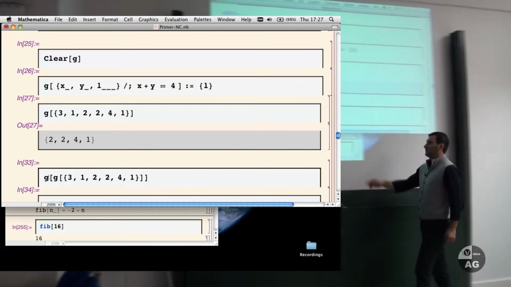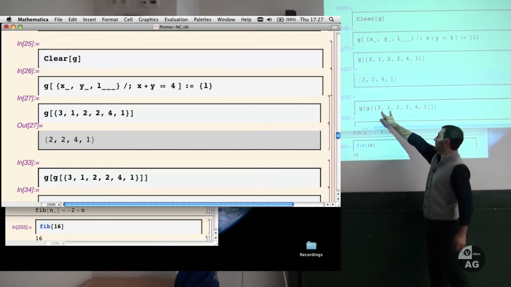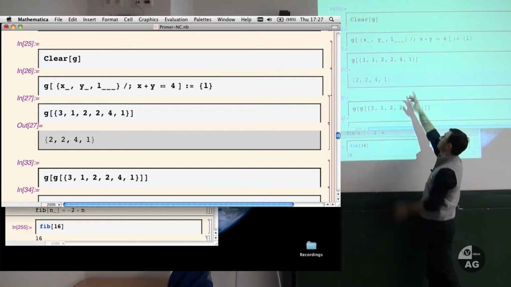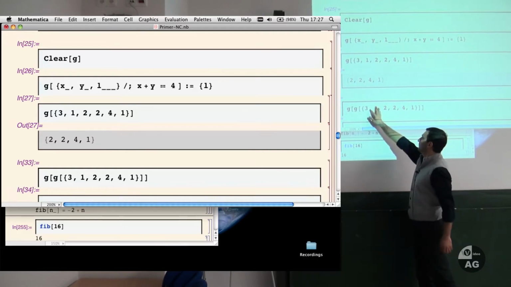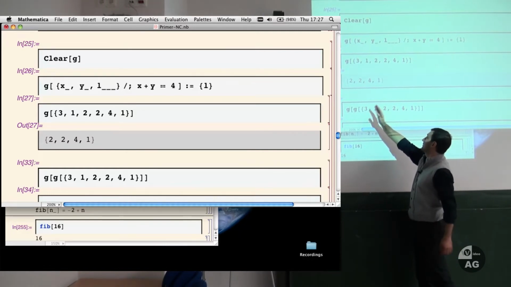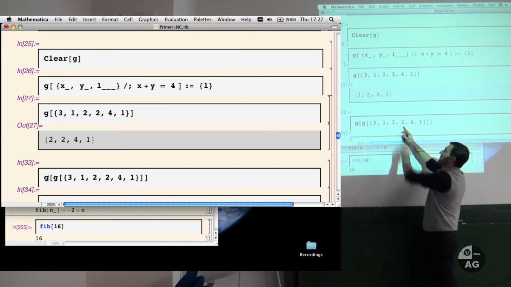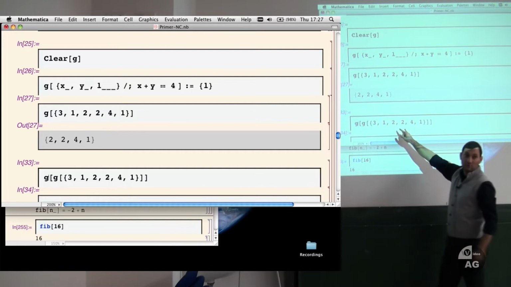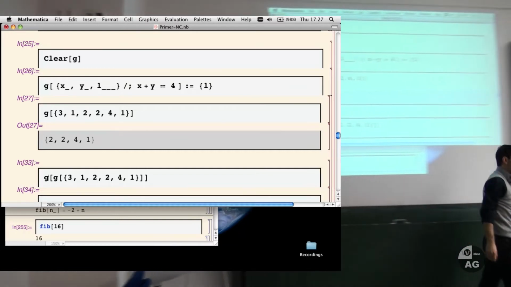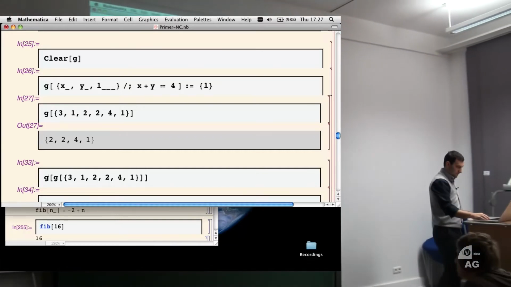Yes, the first G matches 3, 1, and this is the rest. It's going to be L, and chucks this and returns that. The second G now matches X and Y. Oh, they also add up to 4. Very good. So it's going to be 4 and 1.